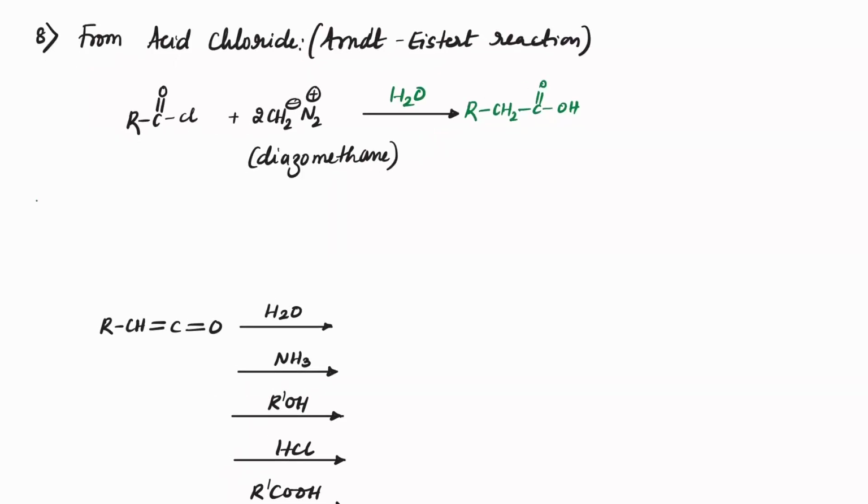So first we have R C double bond O Cl treated with diazomethane. Diazomethane will have a structure like this, CH2 minus and N2 plus. And diazomethane is a good nucleophile. It can attack here, remove chloride from here. And that will convert the reaction into R C double bond O CH N2 plus.